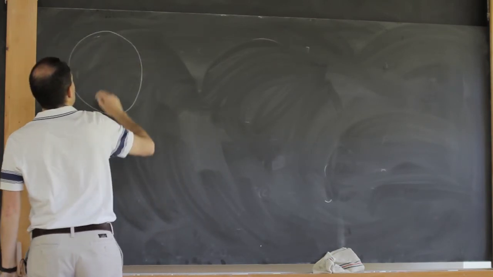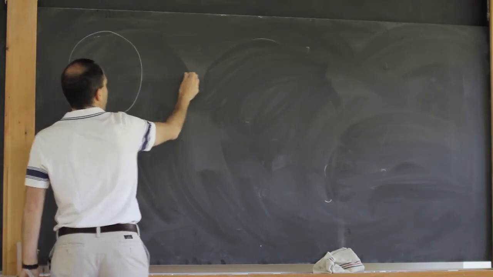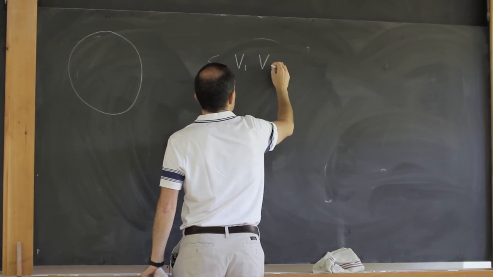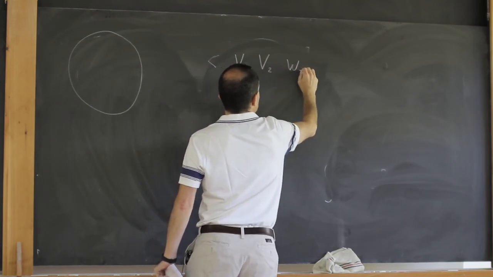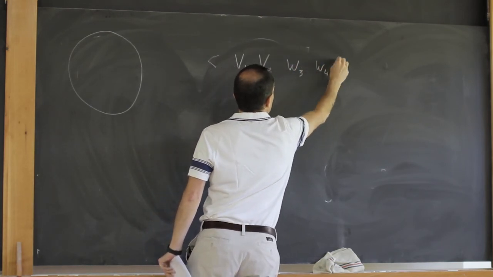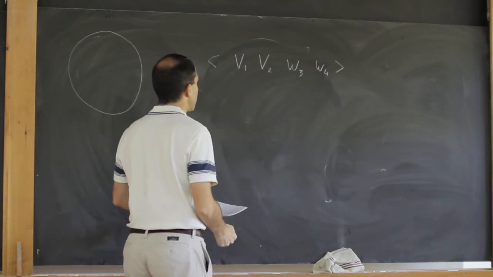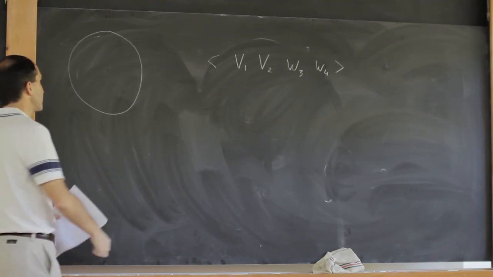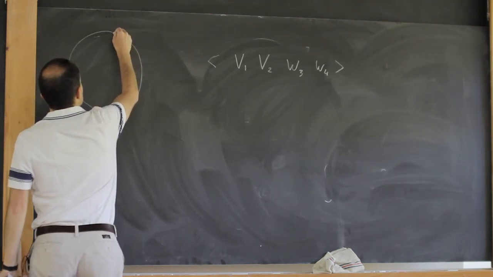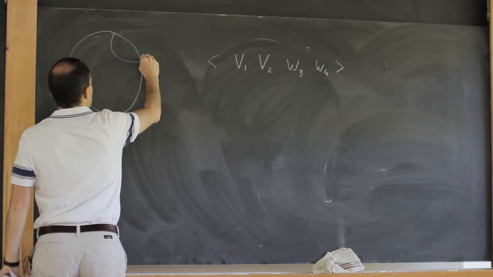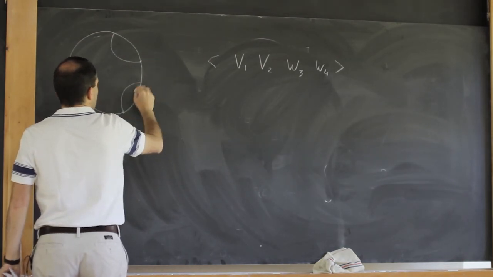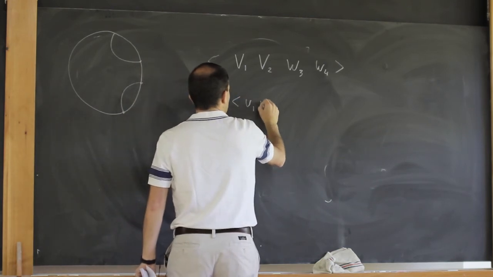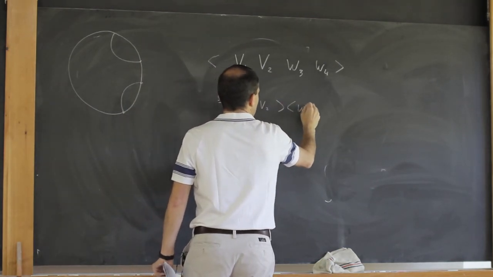For example, let's imagine we consider a 4-point function, V1, V2, W3, W4, where the indices denote the times. V and W represent two different fields in AdS. To leading approximation, this will be computed by taking the 2-point function of the V and the W, so that to leading order this will be just V1 V2 times W3 W4.